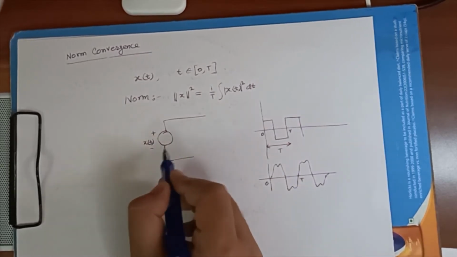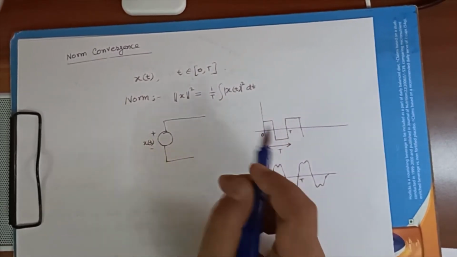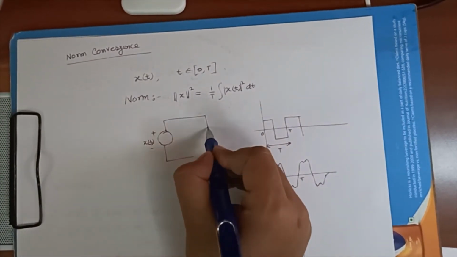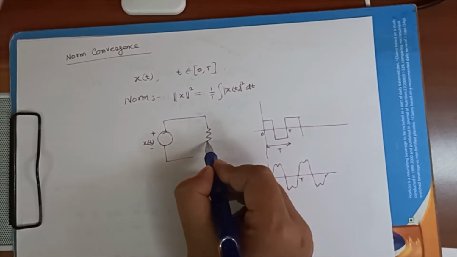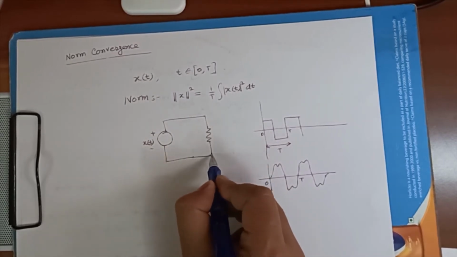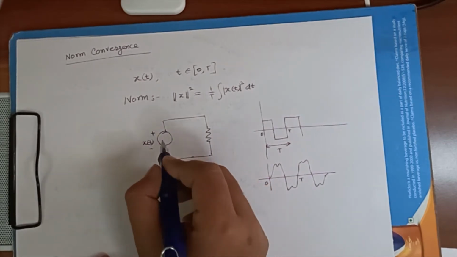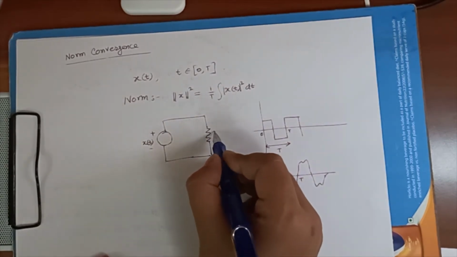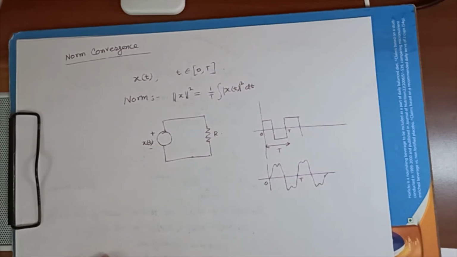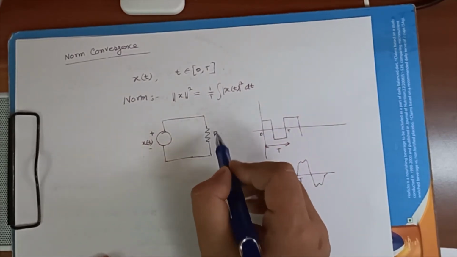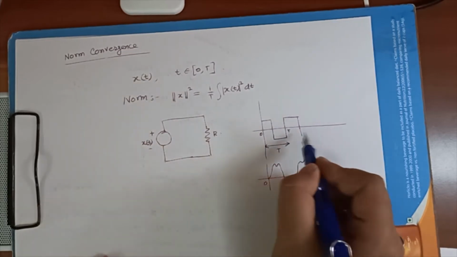So suppose that is the voltage source, and then you have some resistance connected in series. So the question is, if this is the voltage source and the resistance is say R, what is the power consumed across this resistance? What is the energy consumed across this resistance in time capital T?